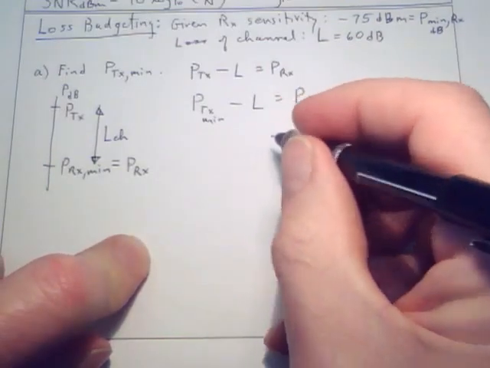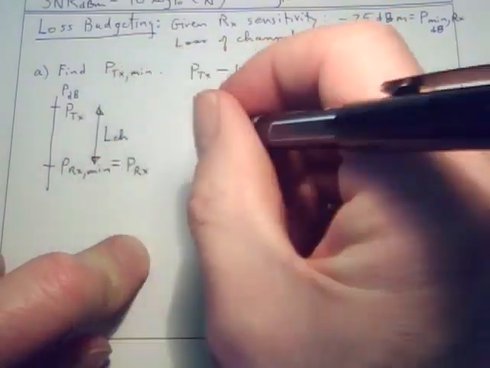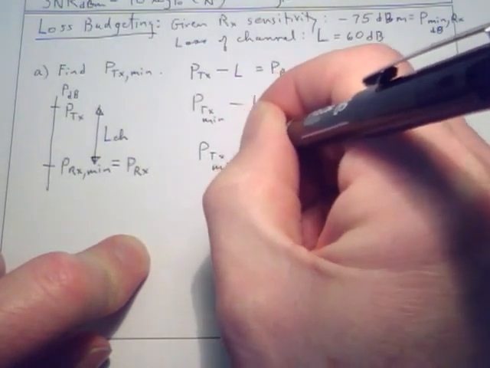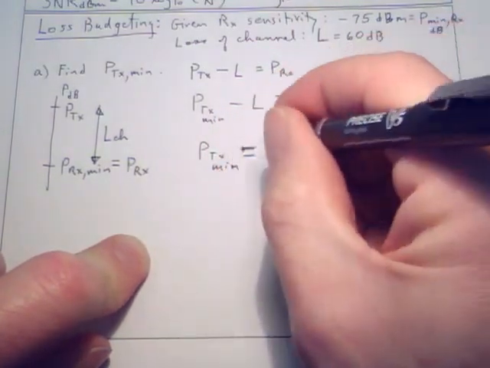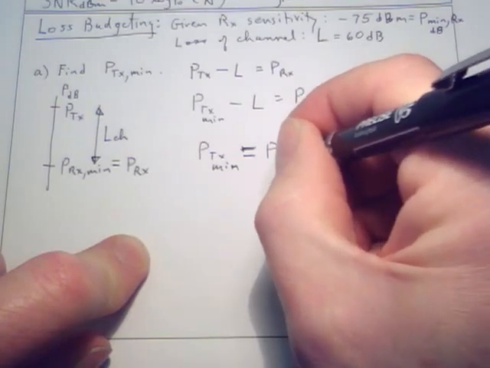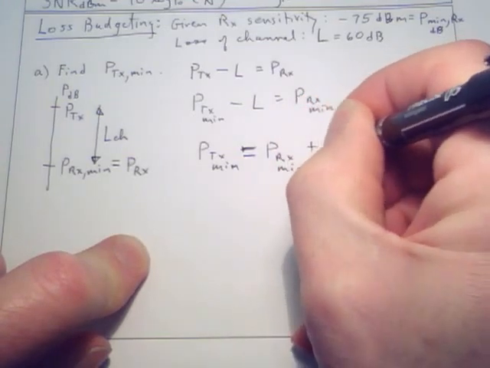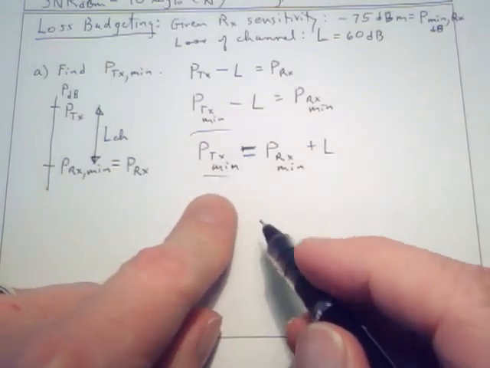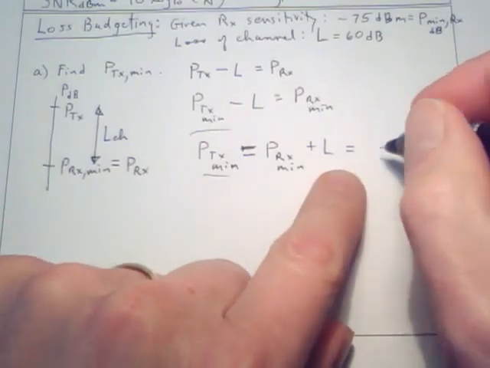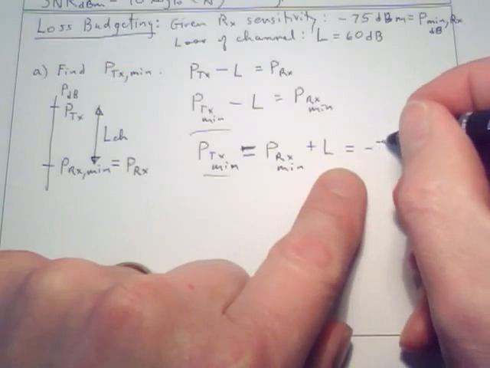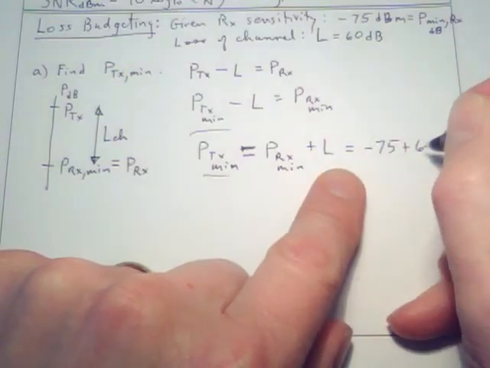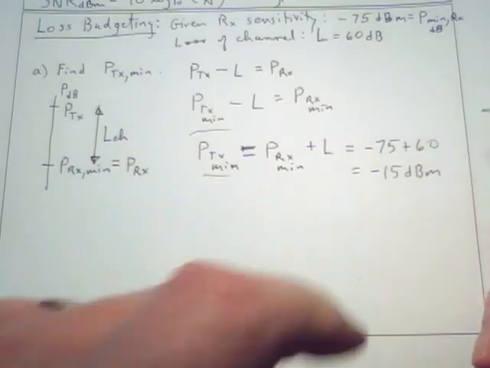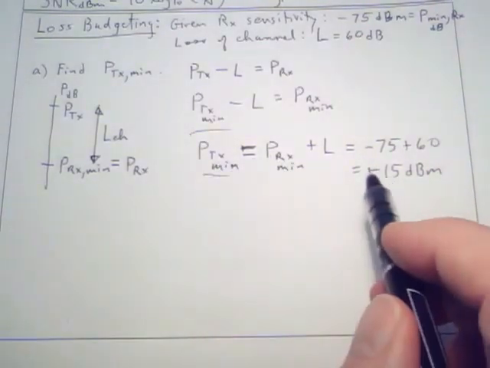And so we're going to say that the minimum transmitted power is equal to the PRX min plus L. So I've just solved this equation for PTX min. And basically the algebra comes down to minus 75 plus 60, giving you minus 15 dBm is the minimum transmitted power.